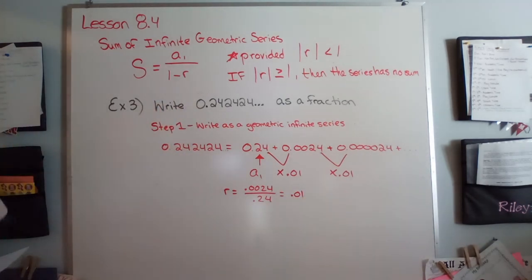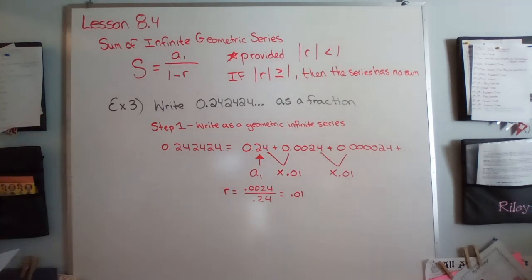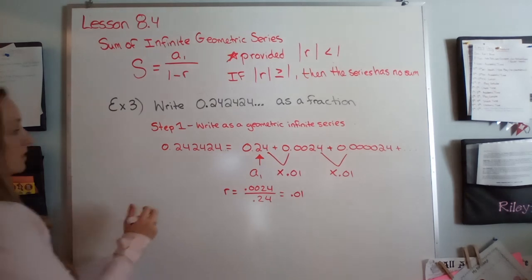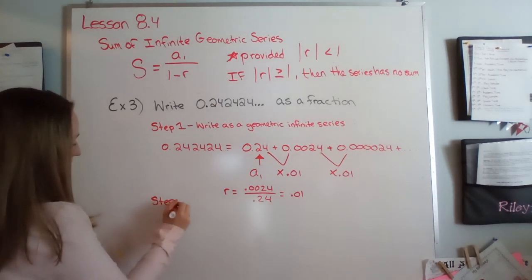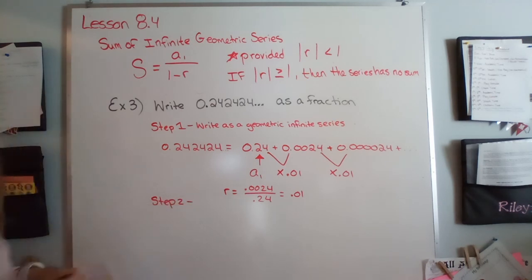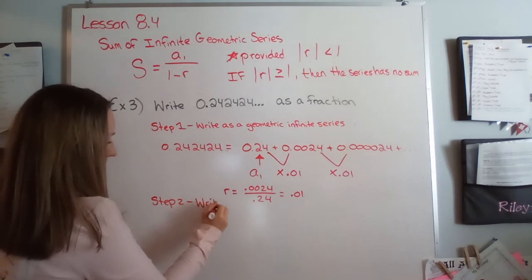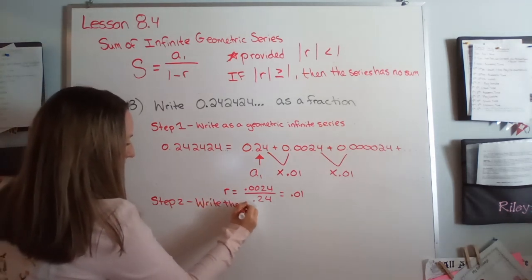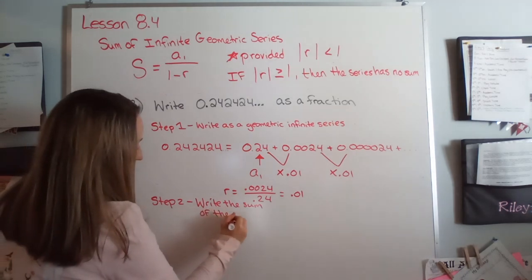Now that I know my R value and my a sub 1 value, you can write the sum of the series. So step 2, write the sum of the series.